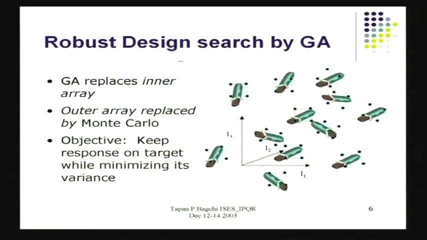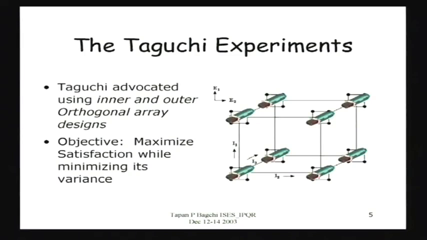The alternate approach is this. What are we trying to do? Think a little about what we are trying to do when we do the inner array, outer array experiment. In the inner array, we are searching the design space. In this case, we searched certain spots in the design space by taking 2 settings for each of these design factors, so we ended up producing 8 prototypes.